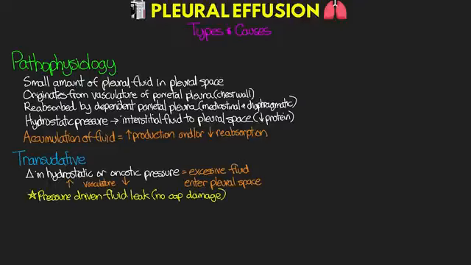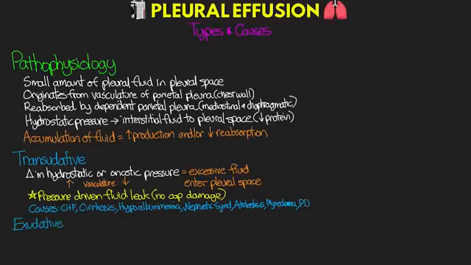And then some of the common causes that would lead to a transudative pleural effusion would be things like congestive heart failure, CHF, cirrhosis, severe hypoalbuminemia, nephrotic syndrome, acute atelectasis, mixed edema, as well as potentially peritoneal dialysis.